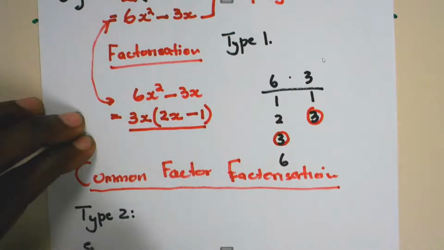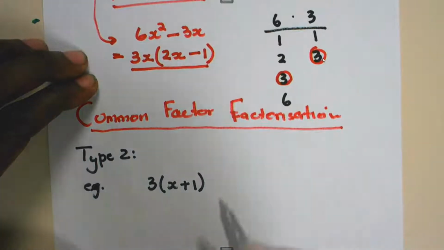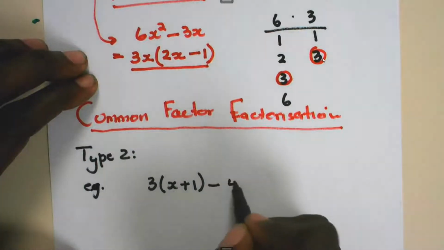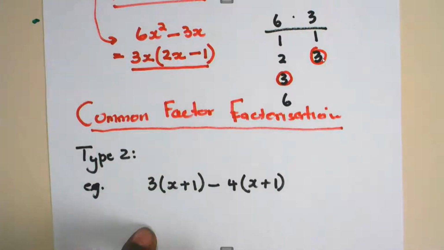Let's make an example. If we have 3 into x plus 1 minus 4 into x plus 1, this is type 2 of common factor factorization.